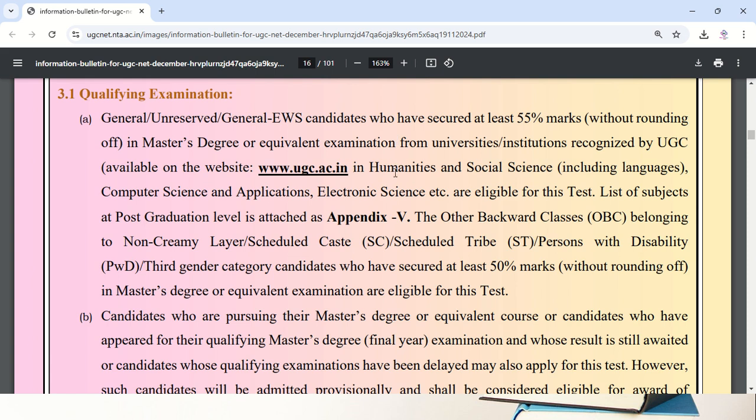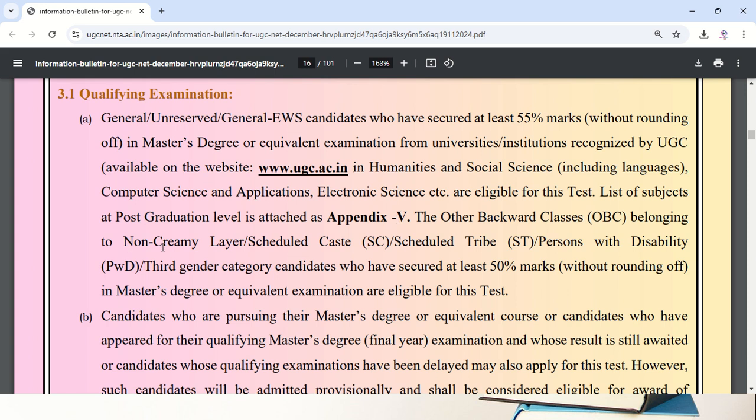The second thing: from here, humanities and science, computer science and application, electronic science, etc. From the website they have given a list of subjects of post graduation for the eligibility test, which is attached. So whatever post graduation subject has been provided there, in that you need to get the above mark.